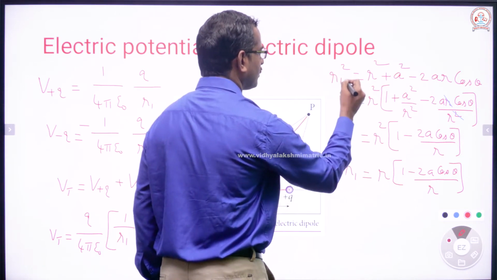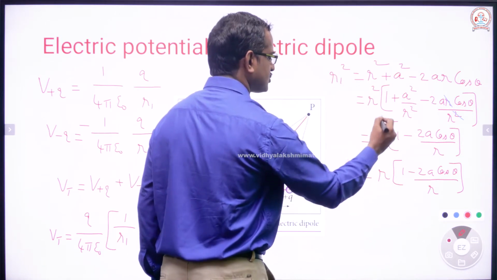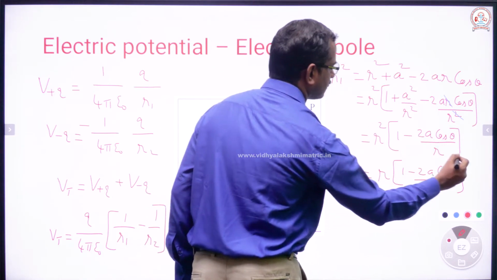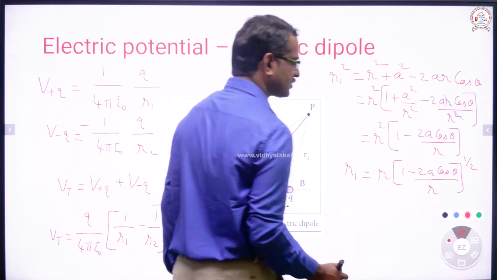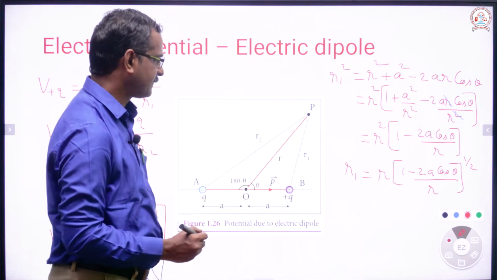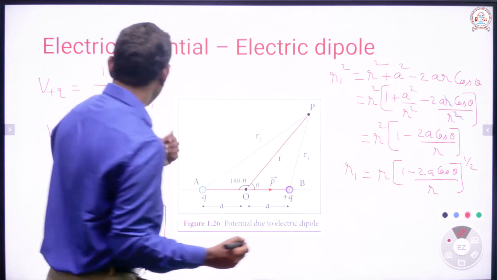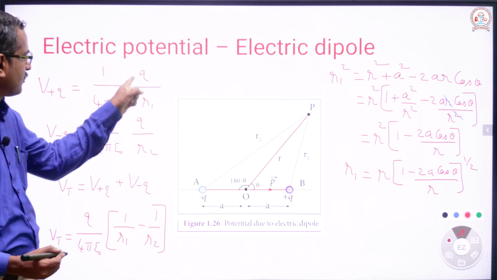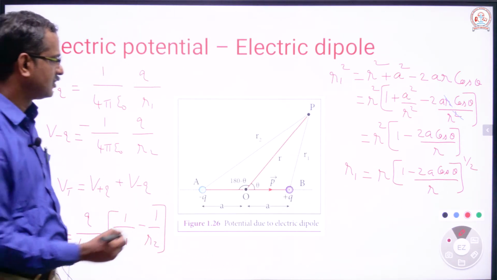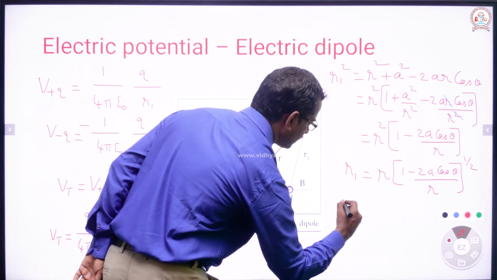Then r1 square becomes r1 and r square becomes r. Then we take 1 by r1 because we have to substitute the value of 1 by r1.